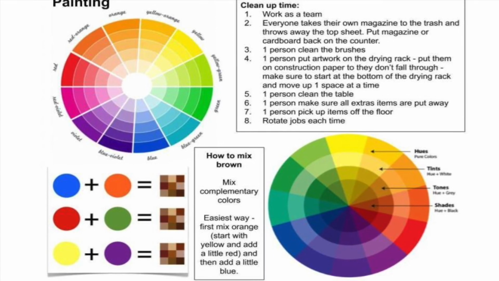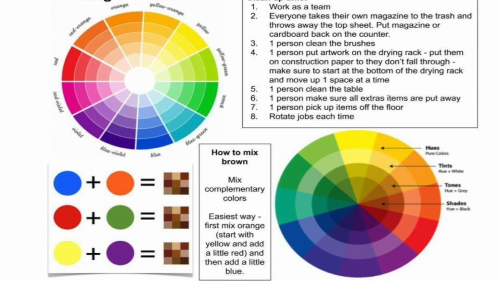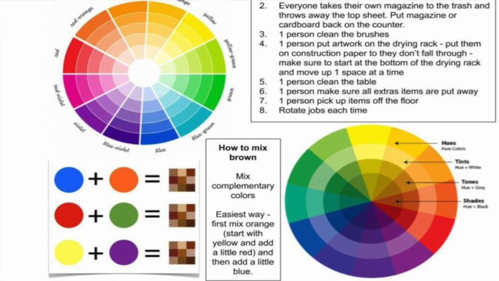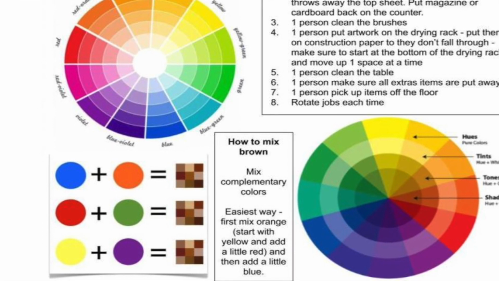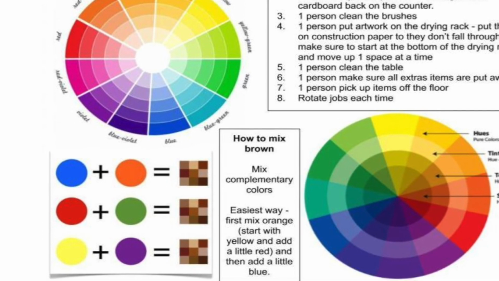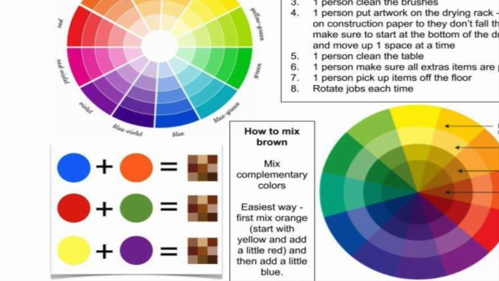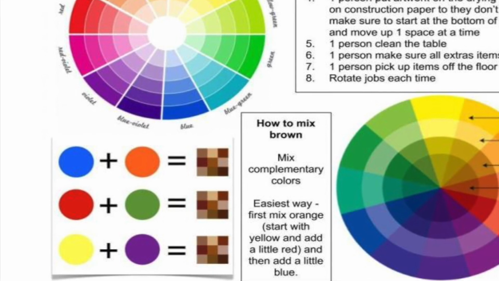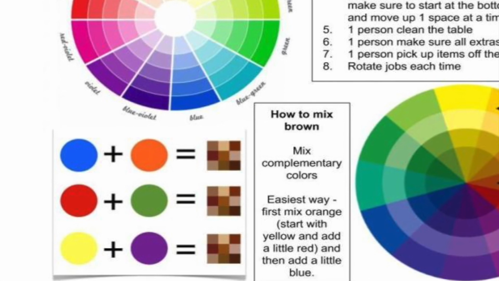But what is kind of interesting about this is that all of those combinations are the three primary colors. What? Yeah, it's totally crazy. You've got blue, which is a primary color. Then you add yellow and red together, you get orange. So it's the three primary colors. Same thing with red. You've got the second one, which is red, and then green, which is just blue and yellow, and you get brown again.